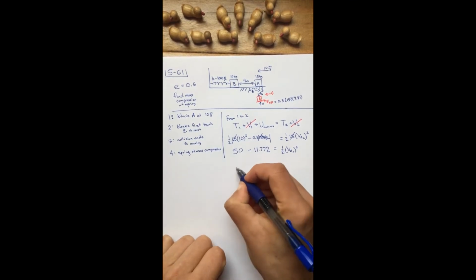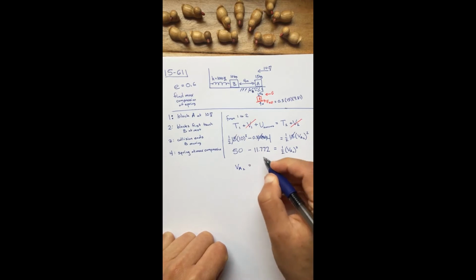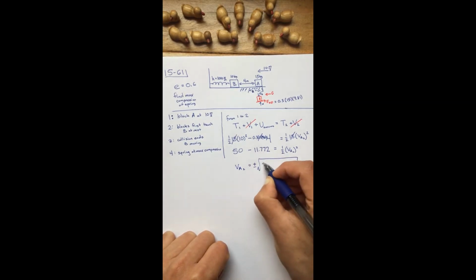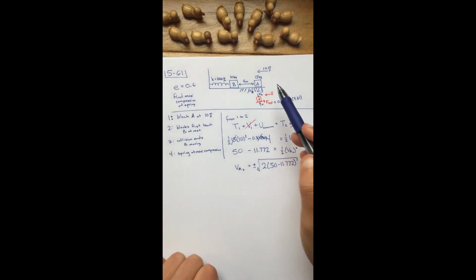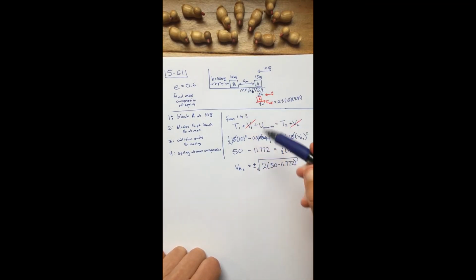I can solve this for VA2 by multiplying both sides by 2 and then taking the square root. So this is plus or minus the square root of 2 times 50 minus 11.772. Now, the block was going to the left to begin with. When it touches block B, it's still going to the left.